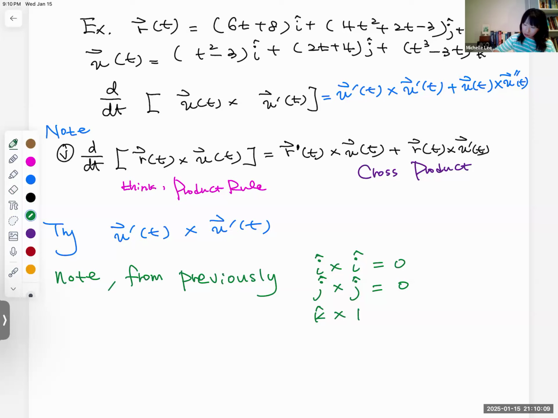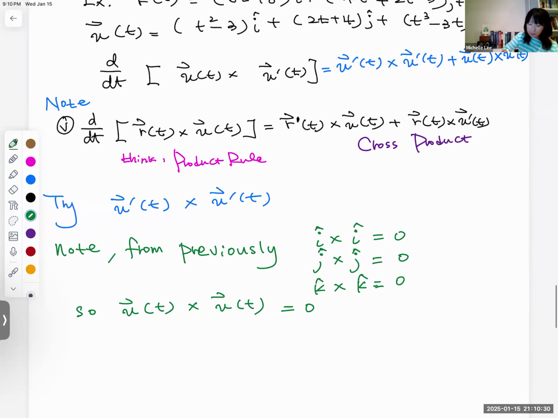So when we have one vector cross product with itself, we get 0. So u of t cross product u of t is also 0. Then we can say that u prime of t cross product u prime of t is also 0, right? Make sense?